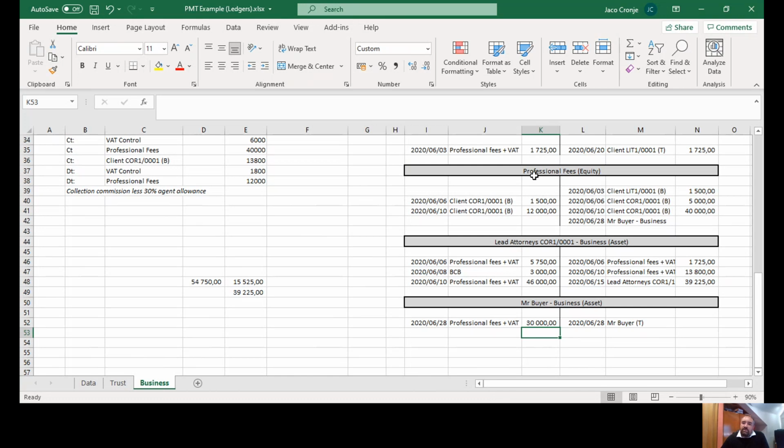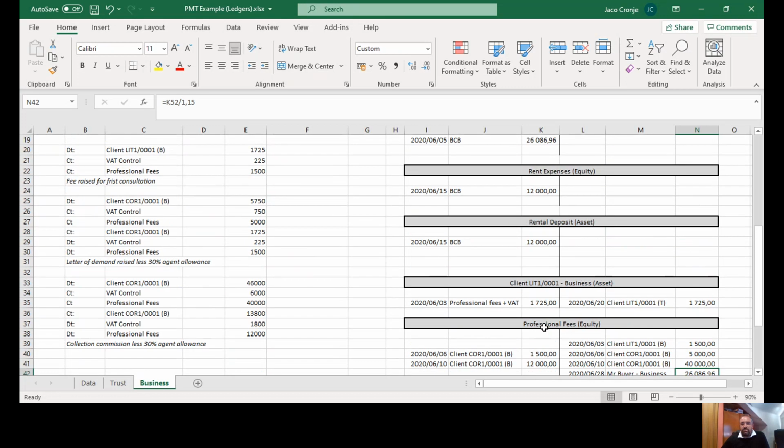So how much of that is my fee? My fee is the 30,000 rand ex VAT. So divide by 1.15. So it's 26,086 rand. Now, what's the difference between the two? VAT. This is money that I'm getting in. So for money that I'm getting in, we have to pay SARS VAT.